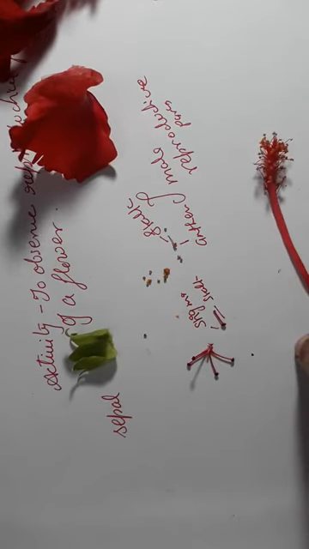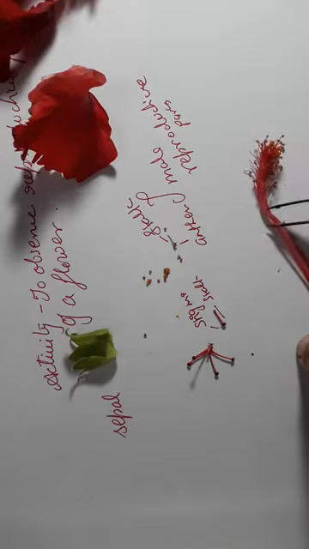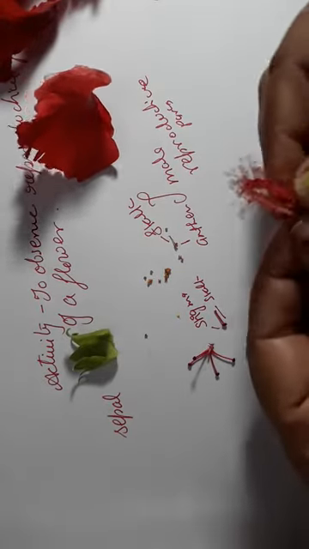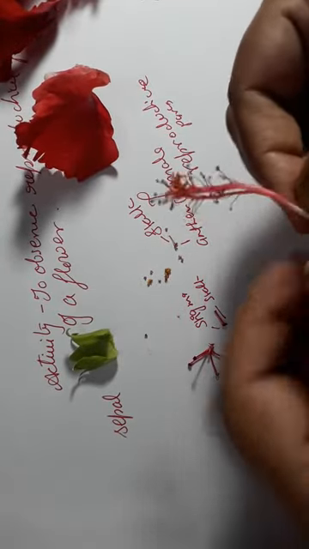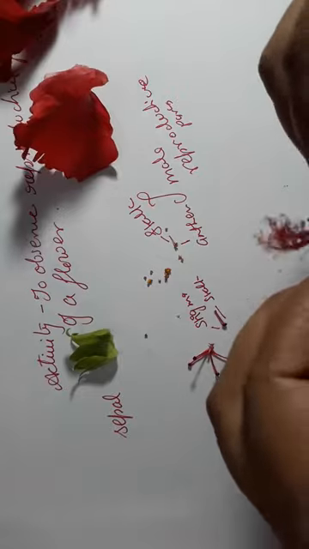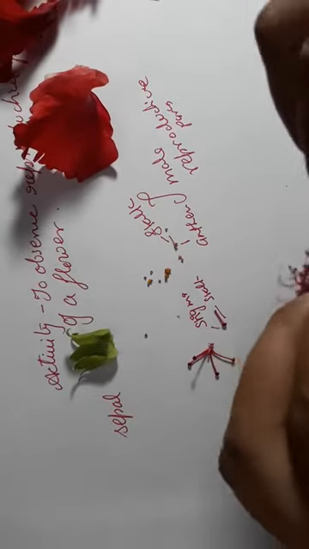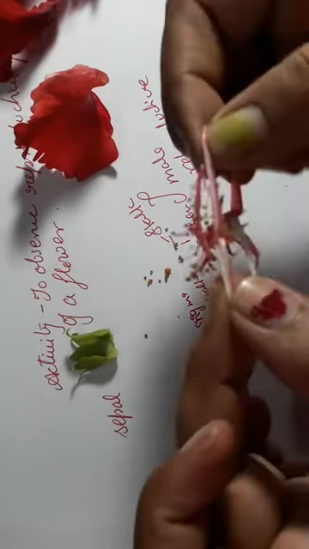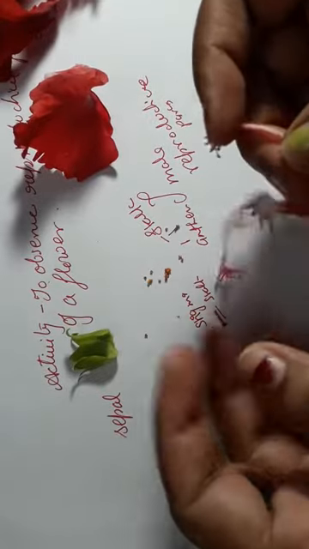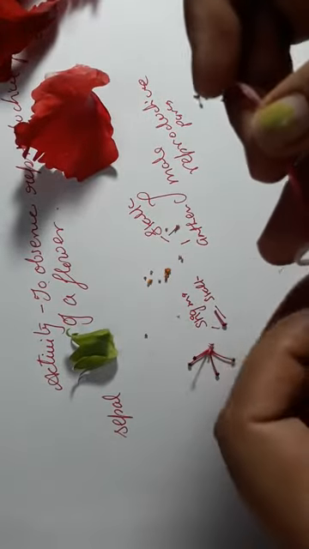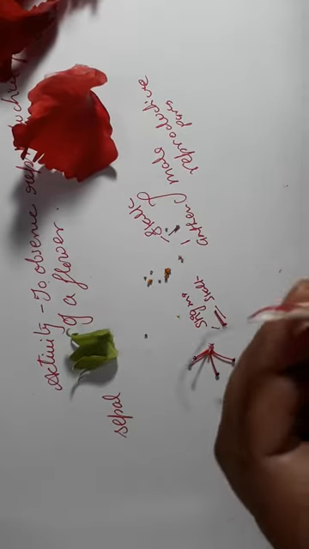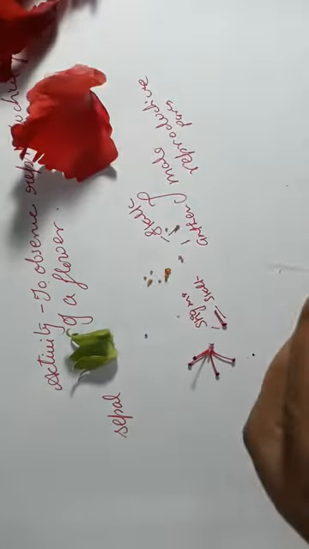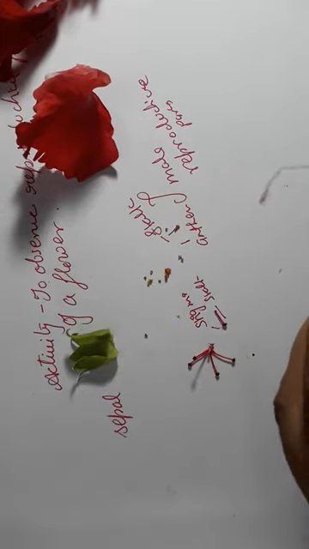Let us bifurcate this with the help of a stalk. Now you can see this white structure which is a little bit sticky, this one is your style.